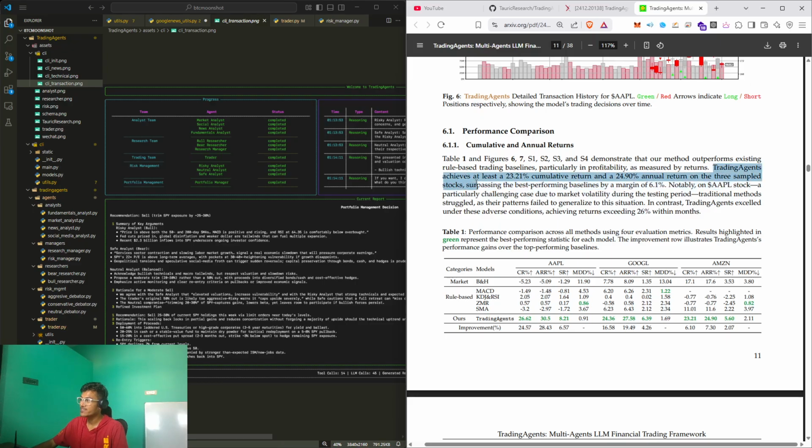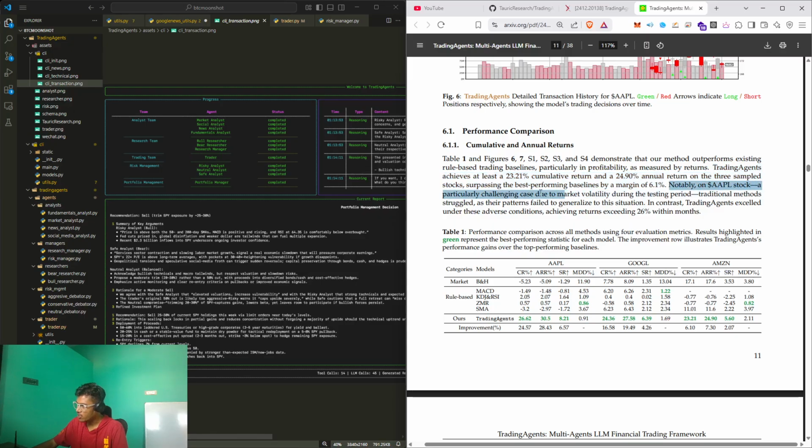Trading agents achieves at least 23.1% cumulative return and a 24.90% annual return on the three sample stocks, surpassing the best performing baselines by a margin of 6.1%.